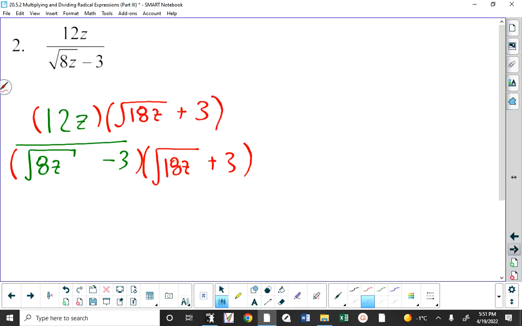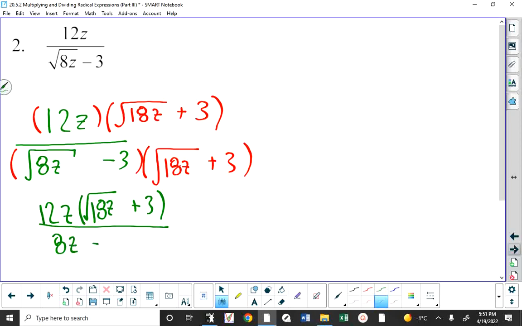So what do I get on the top? Again, everybody, there will come a time where I will explain to you why this is beneficial. But I wouldn't multiply that 12z through. On the bottom, we're going to get 8z minus 9. Be very careful here.